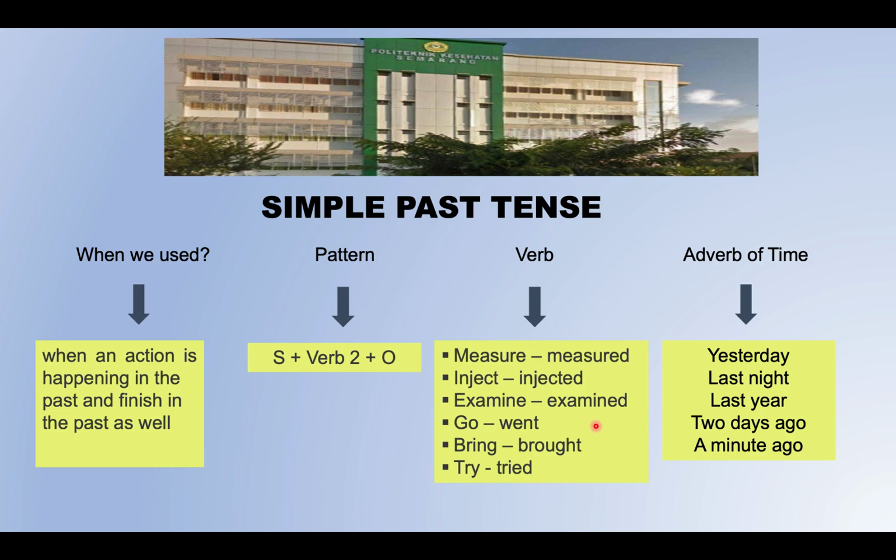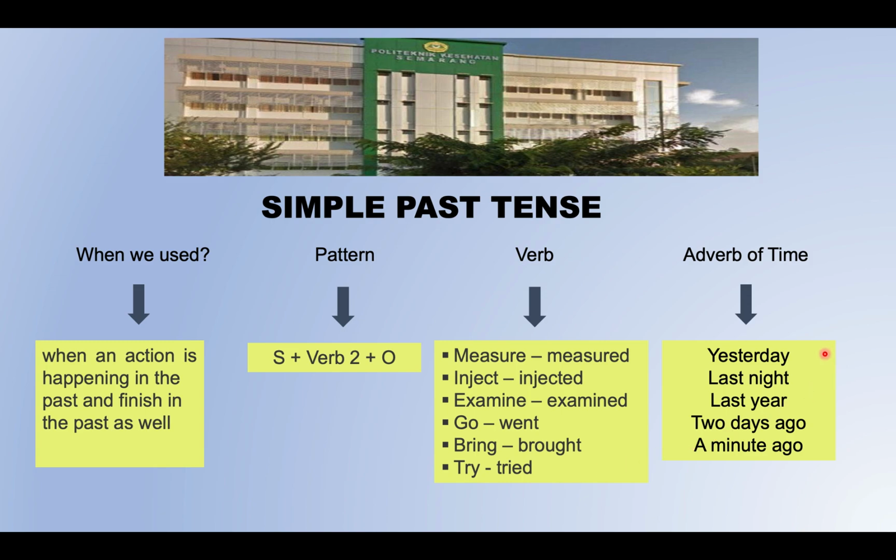And this is the irregular verb. See, seen, go to be went, and then bring, change to be brought, and try to be tried. And what about the adverb of time?